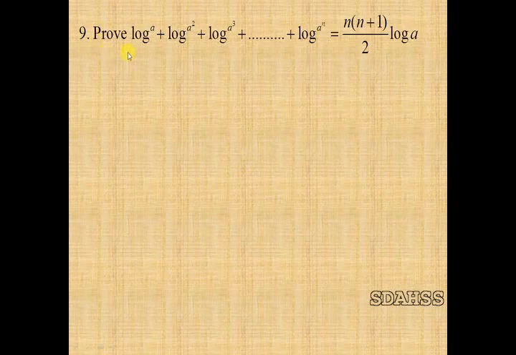Ninth sum. Prove log a plus log a square plus log a cube plus etc. plus log a power n is equal to n into (n plus 1) divided by 2 log a. Consider the LHS.